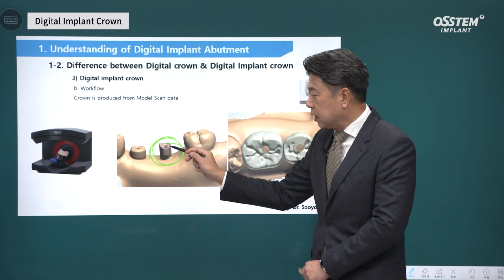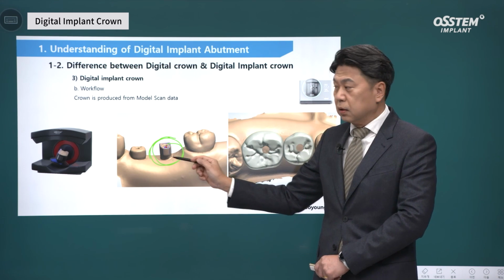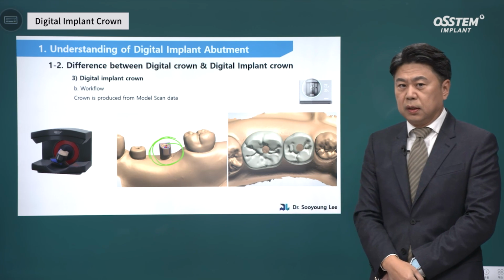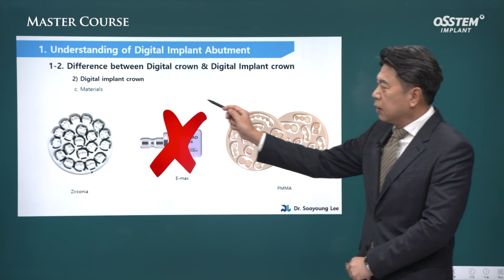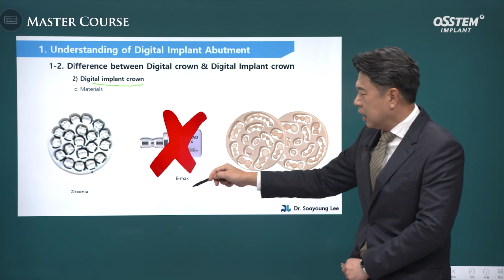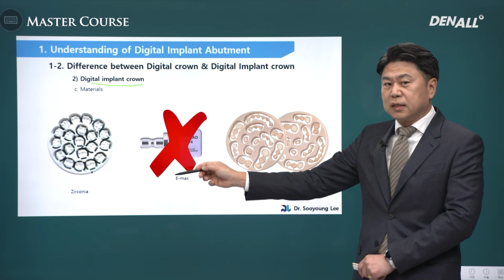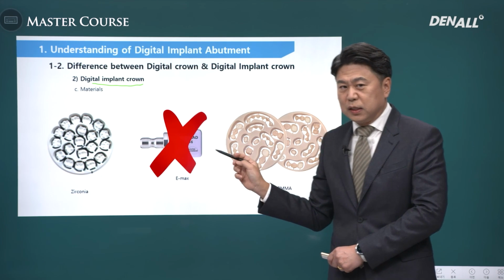And you don't have an intraoral scanner. A scan body is connected and a rubber impression is taken and sent to a lab where the process is performed using a model scanner. For digital implant crowns, these are three materials, but Emax is not really used a lot for digital implant crowns.